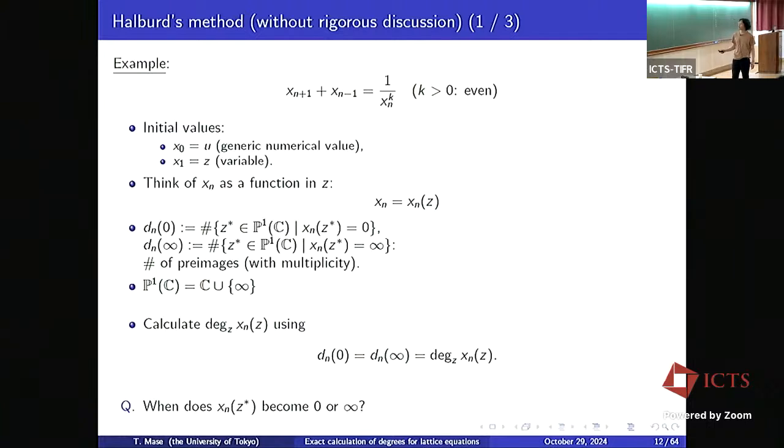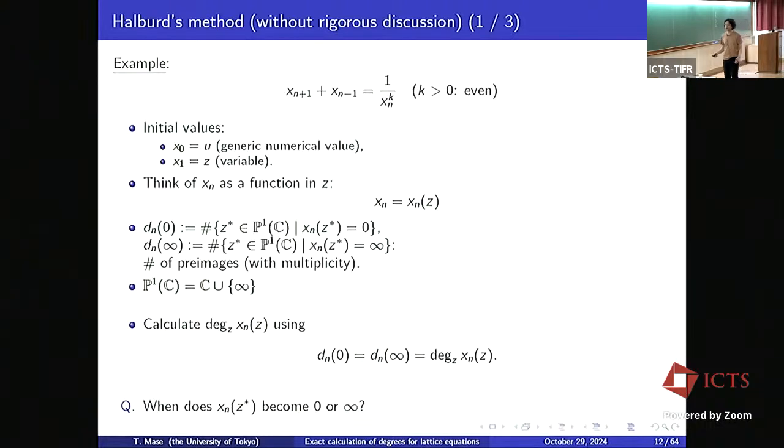The degree of a one variable rational function always coincides with the number of pre-images of any value, especially 0 and infinity. Using this, we can calculate the degrees. So this is this, and this is this. So these two values are the same.